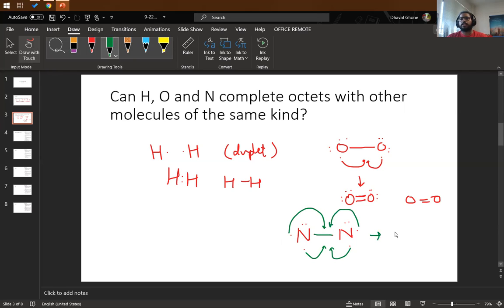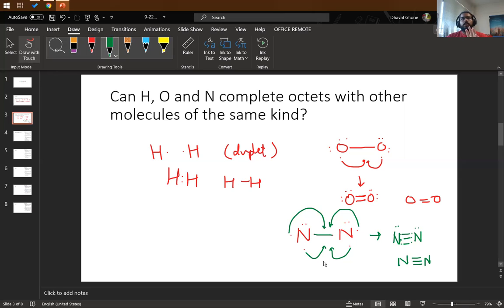And so what I'll get is nitrogen, nitrogen, my lone pair, and then 3 of these electrons pairs being shared to complete the octet. So now I have 8 valence electrons in each nitrogen, making a nitrogen-nitrogen triple bond. Okay.